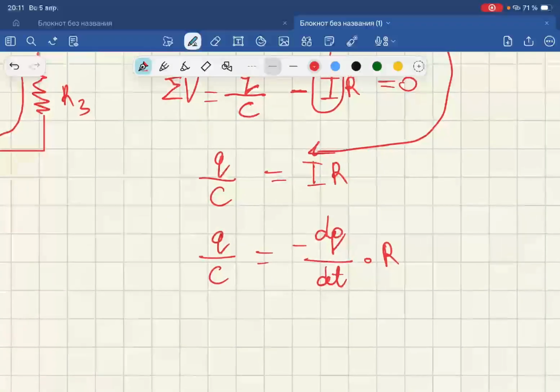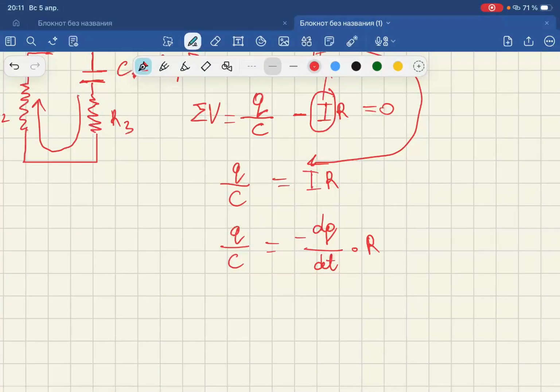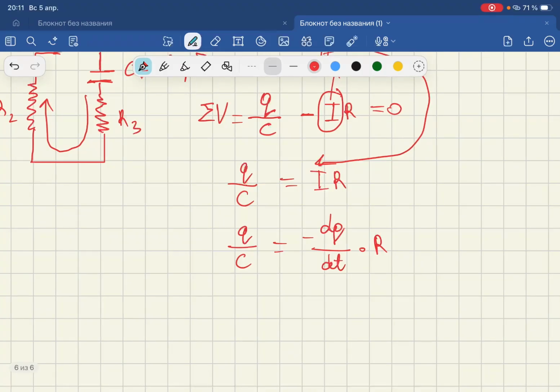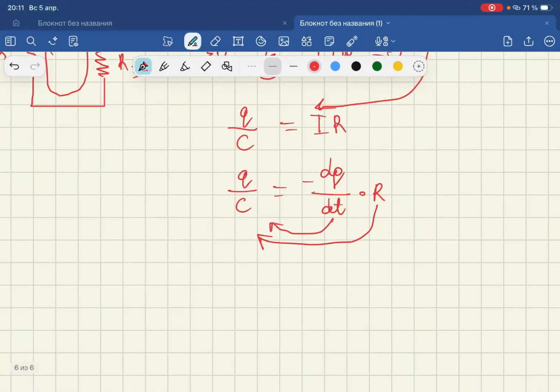After writing that, let's divide them. Let's move the resistor to the left side, and the dt also will be moved to the left side.